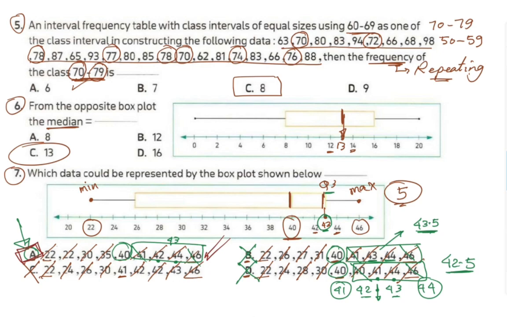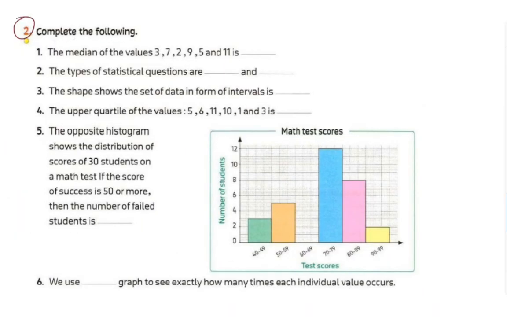Go to the next. Question number 2. Complete the following. Point number 1. The median of values 3, 7, 2, 9, 5, and 11 is. To find the median, you need to arrange these numbers ascendingly. Start with the minimum one: 2, 3, 5, 7, 9, and 11.